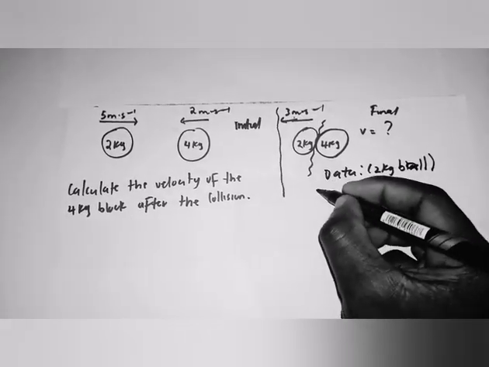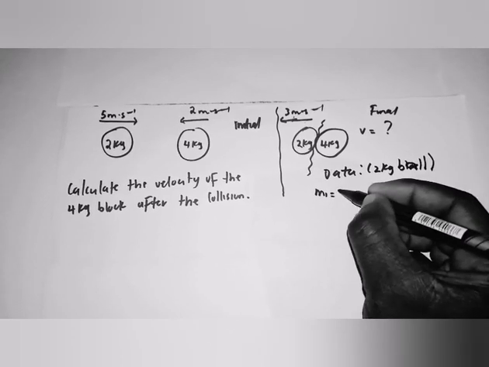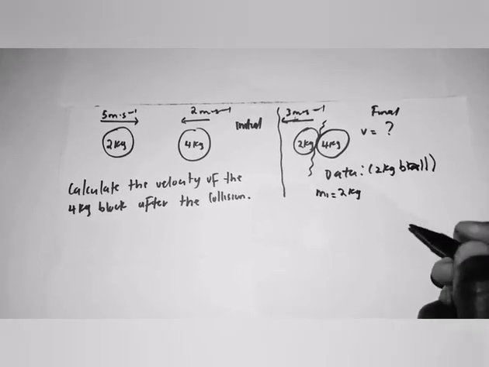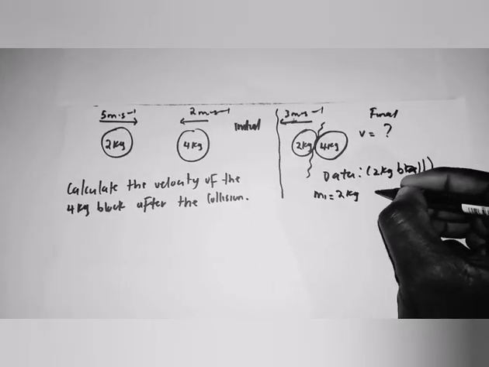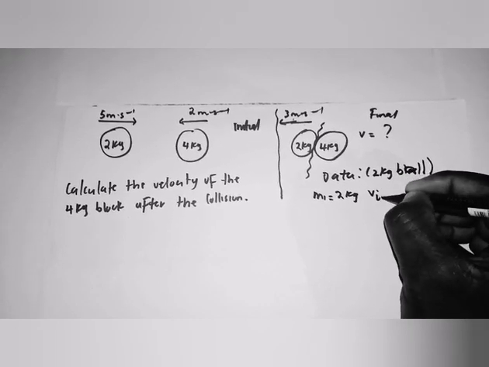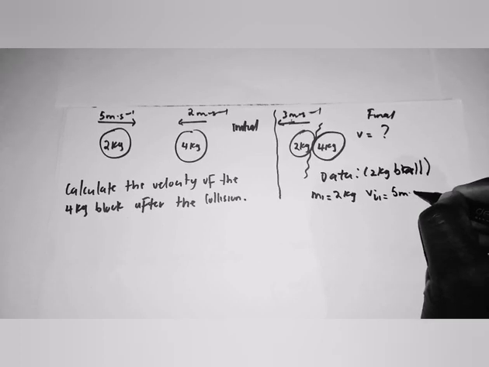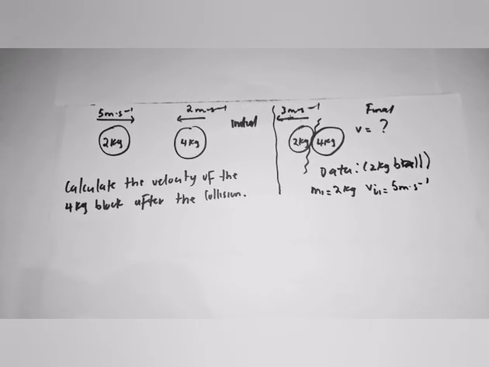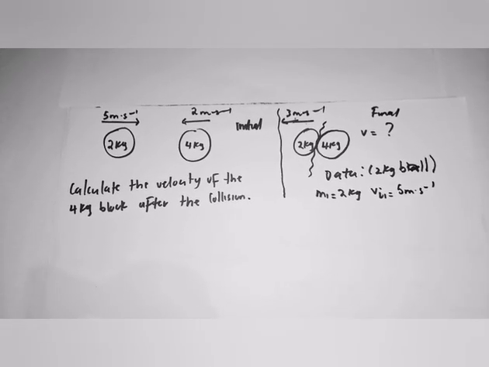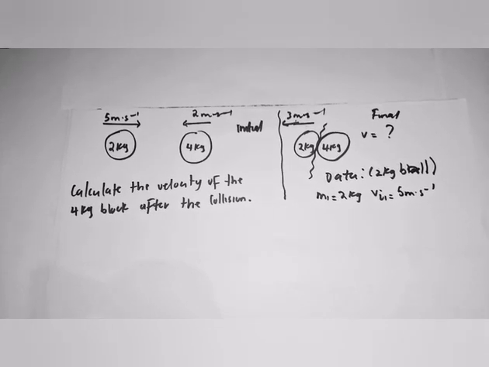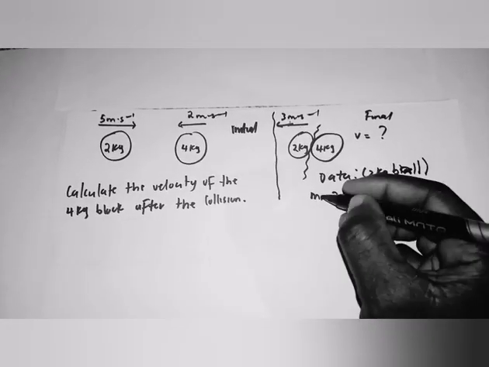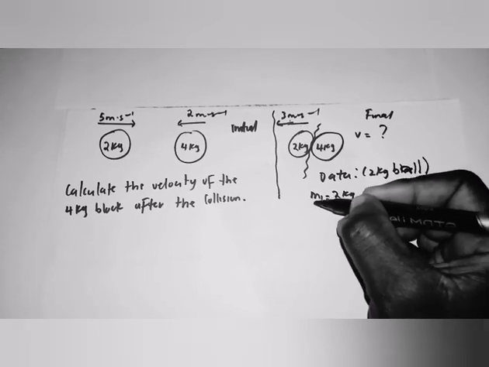mass 1 which is 2 kg, and velocity initial of 1 equal to 5 meters per second. So since the ball is moving to the right, or the motion of an object moves to the right with the velocity, it means that 5 is positive.